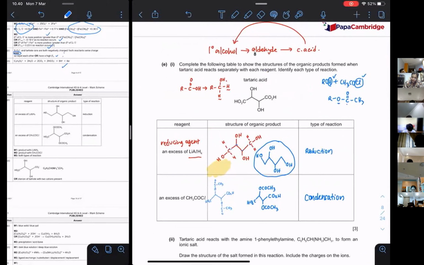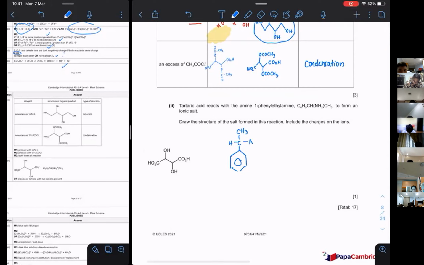So this one reacts with C6H5, I'll just write down C6H5, and then you have CH, CH3, and then NH2.